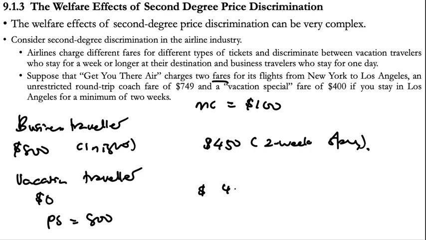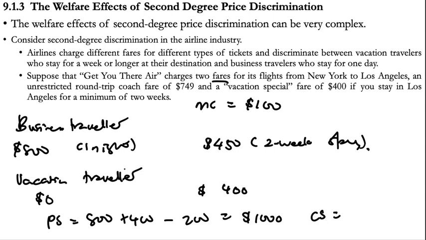Plus the 400 here, our vacation traveler's willingness to pay for staying 2 weeks. So you got 1,200. And then minus the cost per person per pack of 100. We have 2 people, so we have 200. So here minus 200. So what do we get here is 1,000, isn't it?